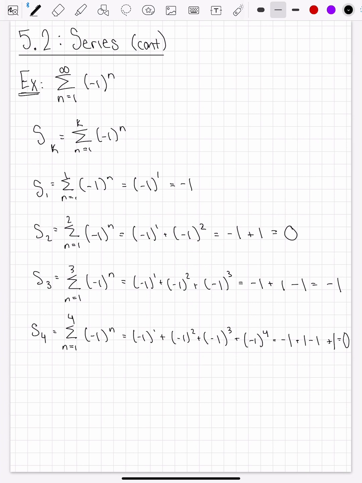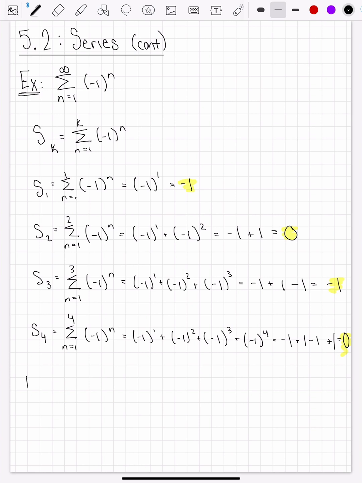So we see that we go from negative 1 to 0, negative 1 to 0, and it's safe to assume that this pattern will repeat itself because when we raise negative 1 to an odd power, we get negative 1 out. When we raise negative 1 to an even power, we get positive 1 out. So this pattern surely will continue.